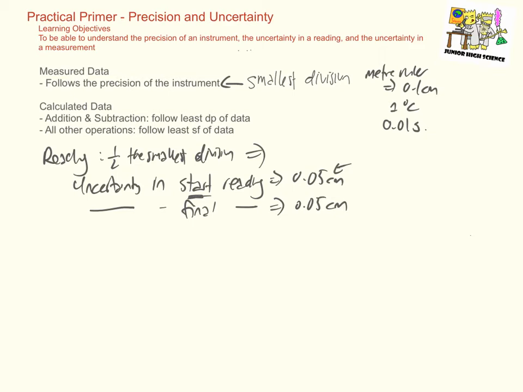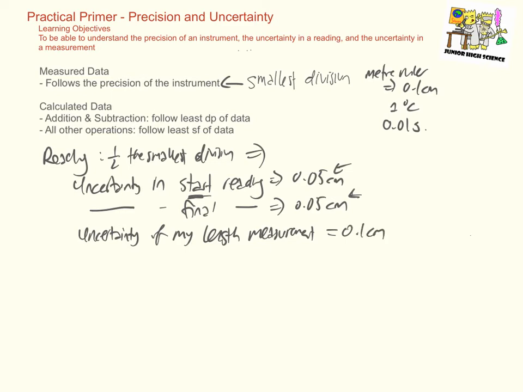If I need 2 readings to get a measurement, the uncertainty of my length measurement is the total overall errors or uncertainties that are incurred, which is 0.05 cm plus a 0.05 cm, which becomes 0.1 cm.